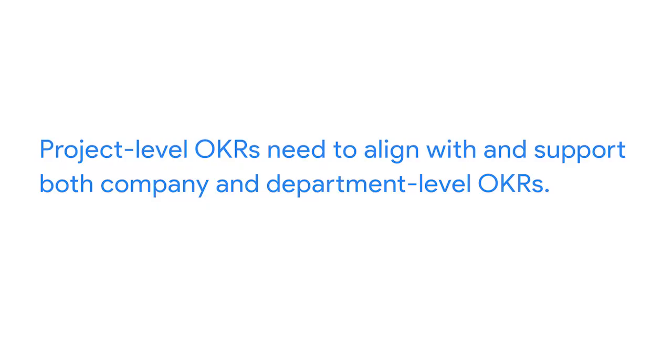Project-level OKRs are set during the initiation phase to help define measurable project goals. They're tracked throughout the planning and execution stages to measure project success. Project-level OKRs need to align with and support both company and department-level OKRs.